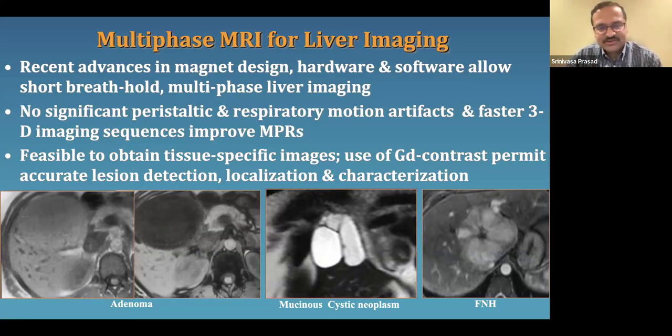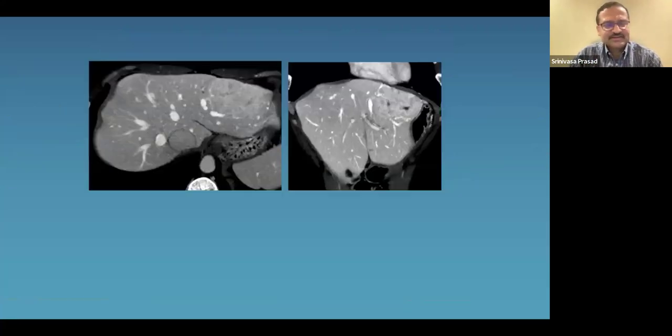What is interesting about MRI is that there are two flavors of contrast agents. One is the typical extracellular agent, very similar to iodinated contrast, but there is also a hepatobiliary agent that allows us to do some sequences that allow us to characterize hepatocellular neoplasms.